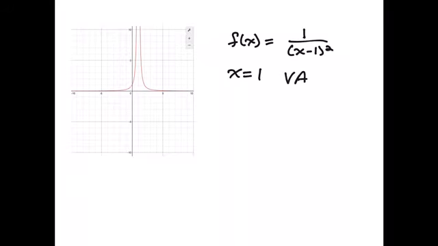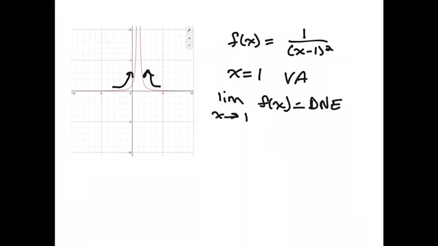And I see from this graph that it's going to positive infinity from both the left and the right. So if we write that using limit notation, the limit as x goes to 1 of this function does not exist. We already know that.